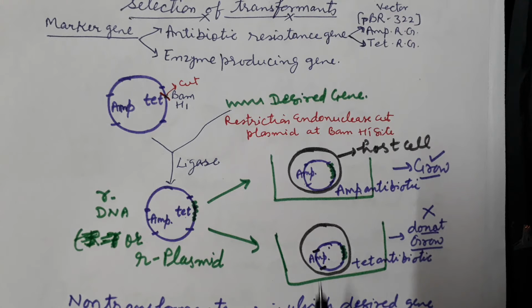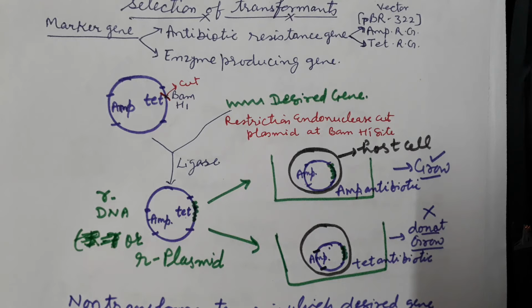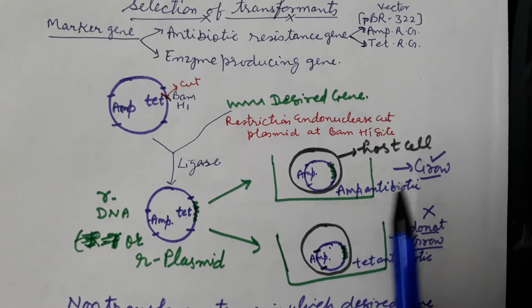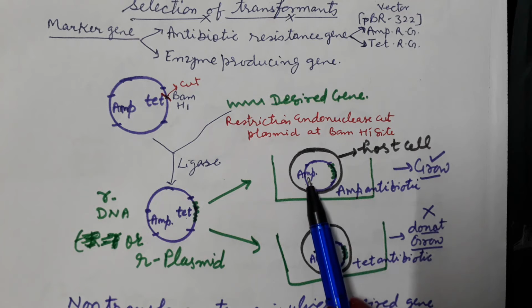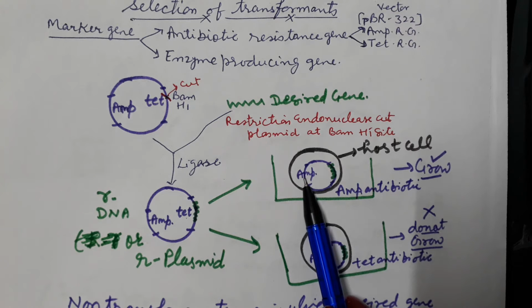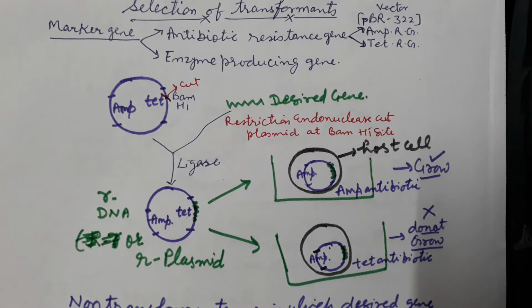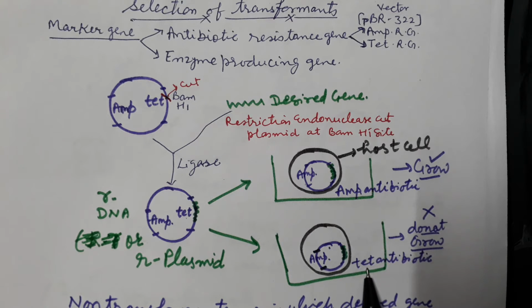When we transfer this transformant into ampicillin containing culture medium, it will survive and growth takes place because the ampicillin resistance gene is present in the transformant. But when we transfer this transformant into culture medium containing tetracycline antibiotic, it will not grow.